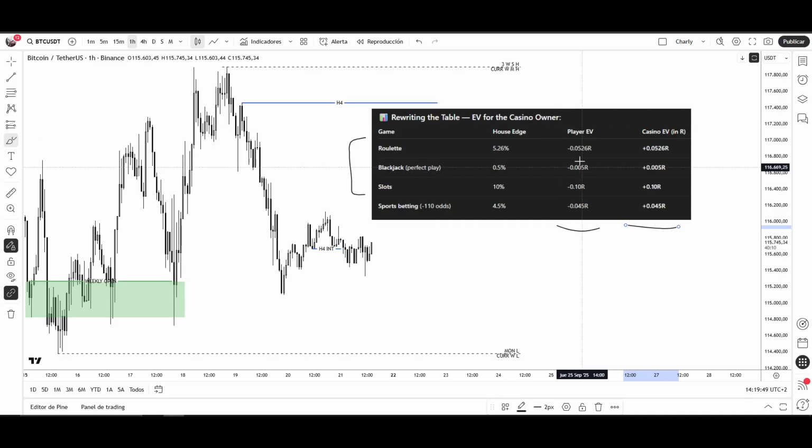In a casino, you're essentially gambling because the expected value is negative, and you're gambling your money. So you hope that you are luckily hitting that win, but essentially the expected value is negative. On the other hand, for the owner of the casino, all of those gains are positive expected value.